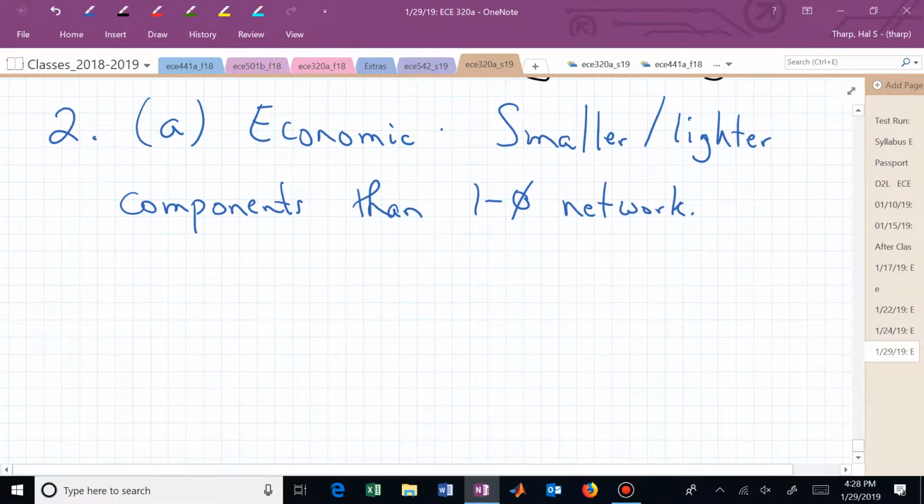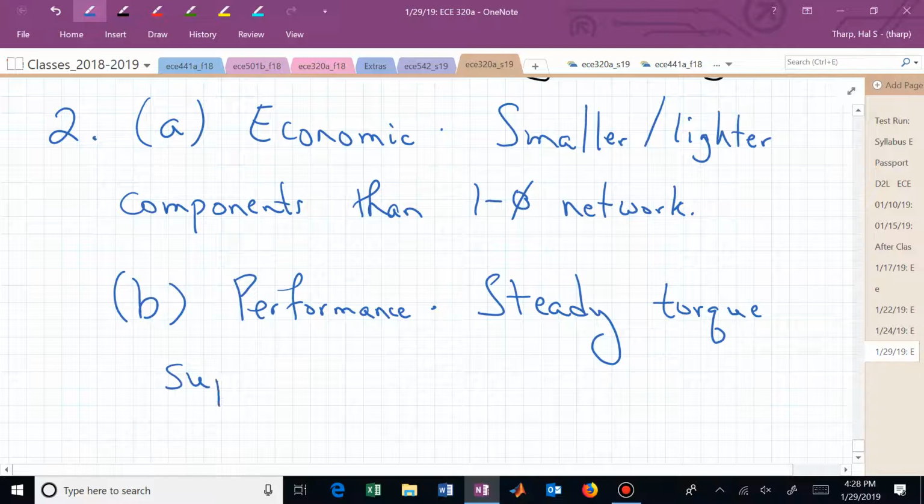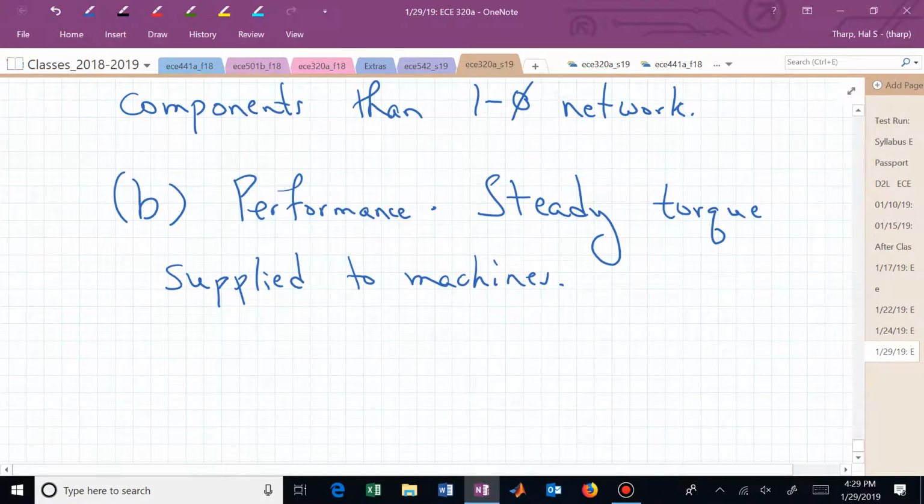We also might be interested in performance improvement. With three-phase systems, we have steady torque supplied to our machines, meaning we have an A phase, a B phase, and a C phase instead of just one phase.